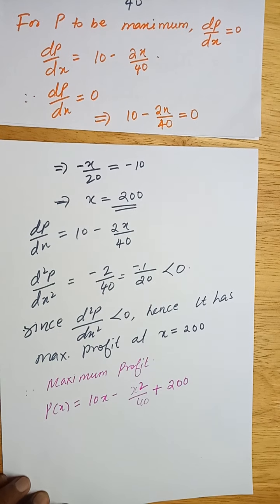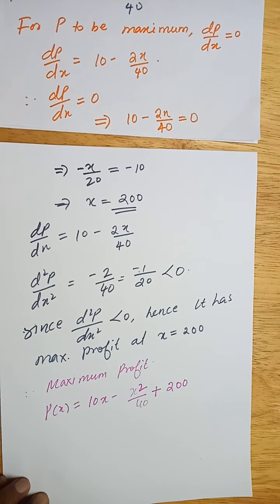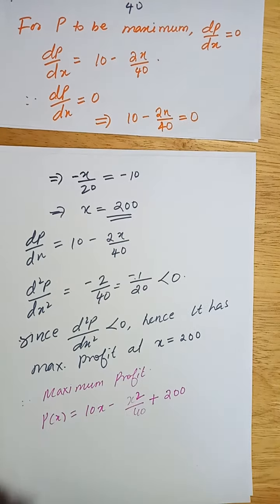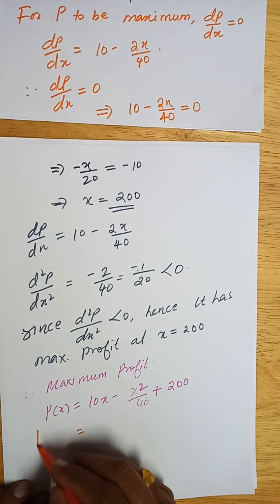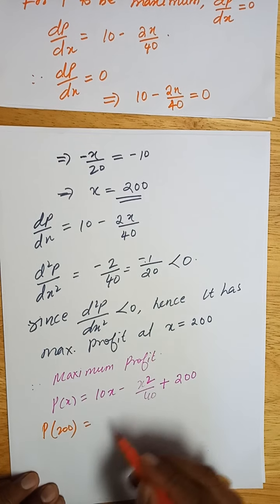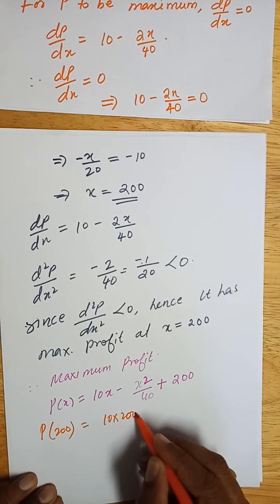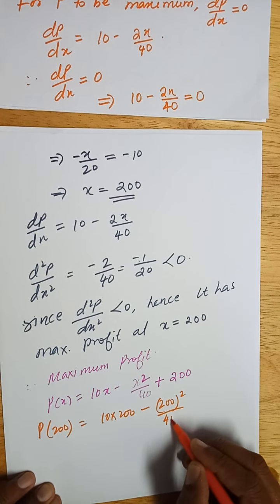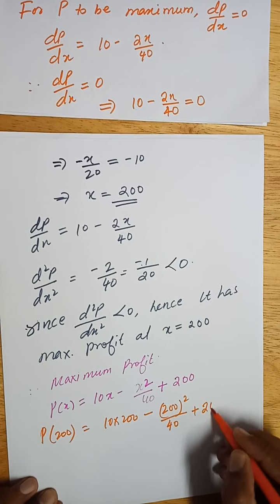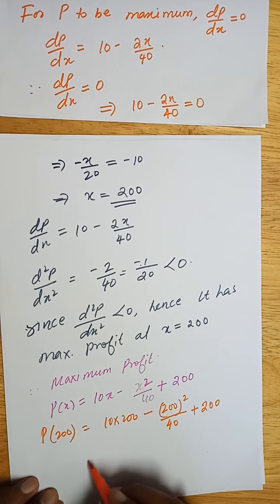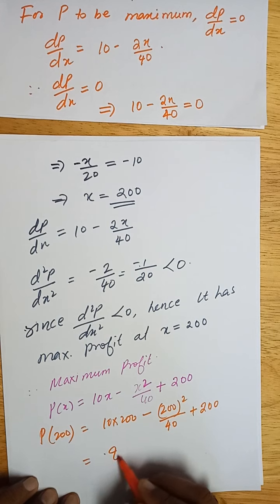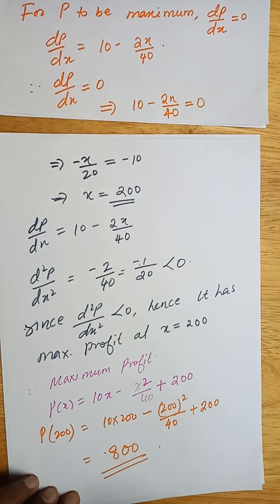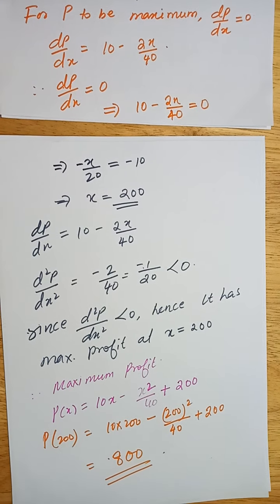So you substitute the value of x here, it becomes p of 200, so 10 into 200 minus 200 the whole square divided by 40 plus 200, which is equal to, you will get 800, the maximum profit.